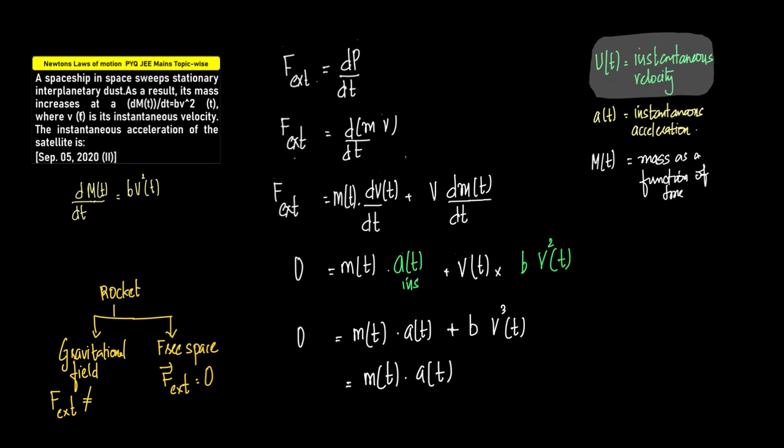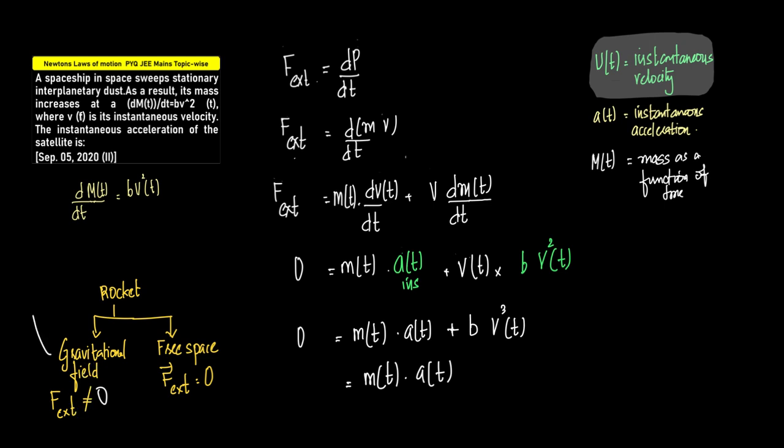Now, when it comes to the comparison of rocket, what we need to understand is the rocket equation will have two parts. One, when the rocket is within the gravitational field, and one, when the rocket has crossed the gravitational field and has reached space. In space, the external force acting on the rocket will be equal to 0, whereas in a gravitational field, F external will not be equal to 0.